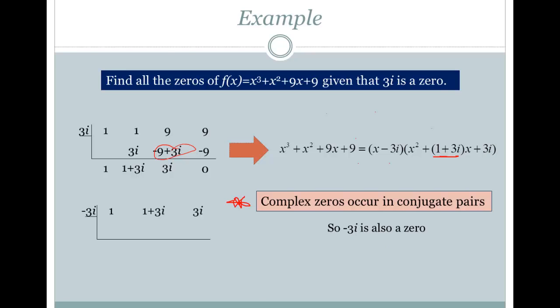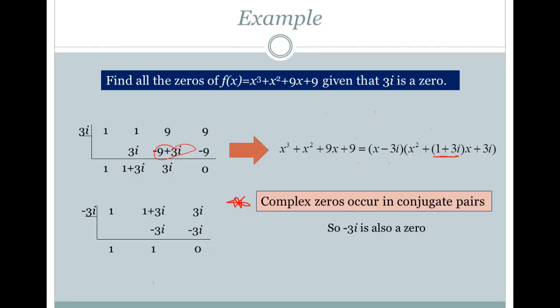And so again, I'm going to use some synthetic division. Here are my coefficients, 1, 1 plus 3i, and 3i. Use my other 0, negative 3i, and let's see what happens. Bring the 1 down, negative 3i, 1, negative 3i, and 0 remainder. So it works.